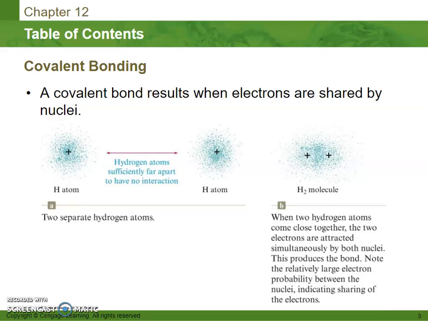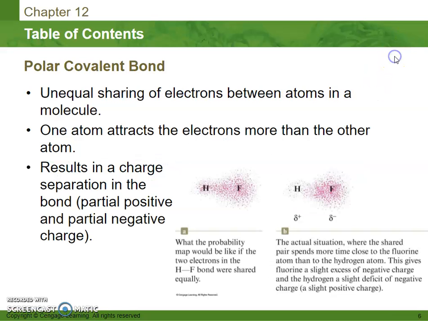Metals will give them away because it's easier to give away 1 or 2 electrons than it is to gain 7 or 8, 6 or 7. And nonmetals will take them or share them because it's easier to share a couple of electrons than it is to lose a whole bunch of electrons to get back to that electron configuration of the noble gas before them. So, covalent bonds are when electrons are shared.